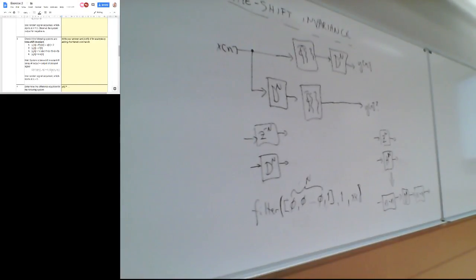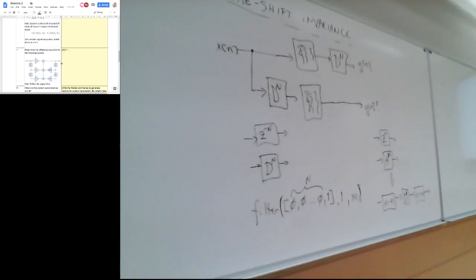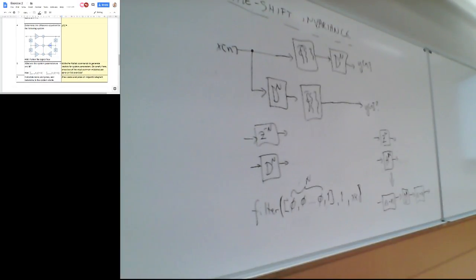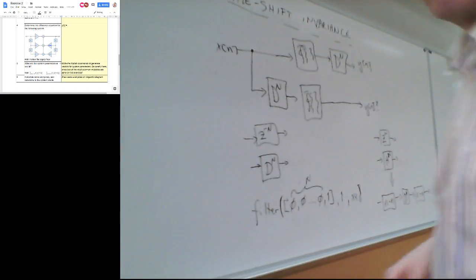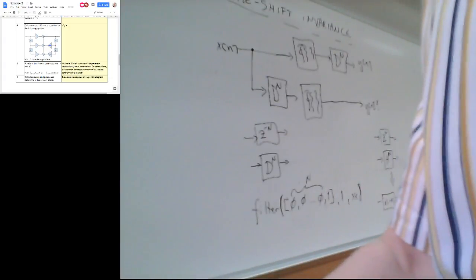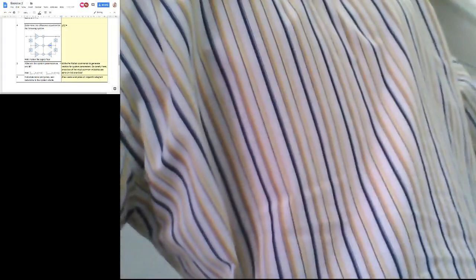So a little bit about the systems. You're familiar with the flowcharts, right? Signal flowcharts like that.